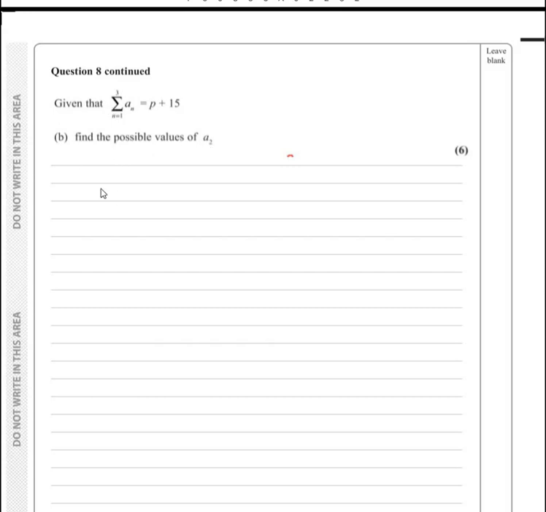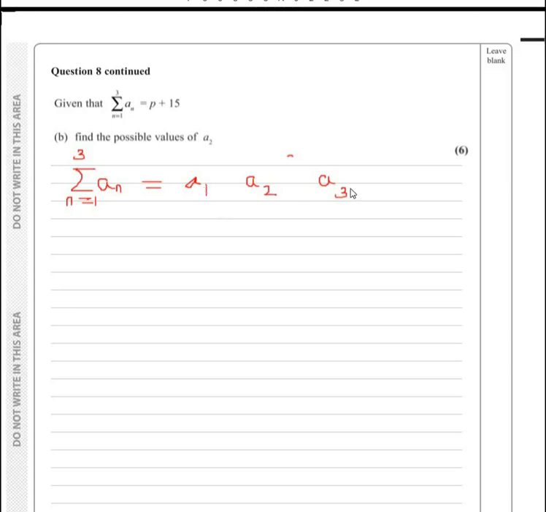Now first of all, what does this summation from 1 to 3 of an stand for? It means that you have to expand a 3 times, where n has to be replaced as 1, 2, 3, because n is being represented from 1 to 3.